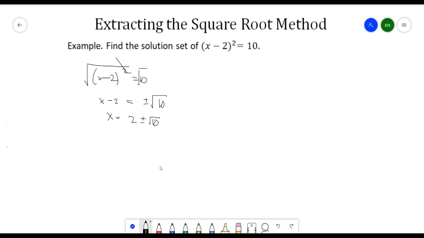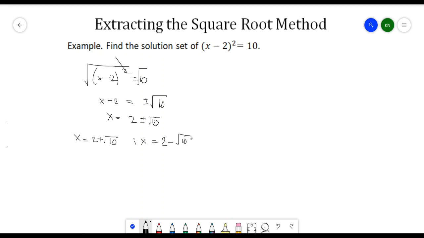Since we cannot simplify this anymore into a constant number, we can just use this one. So we have two roots: x is equivalent to 2 plus square root of 10, and x is equivalent to 2 minus square root of 10.